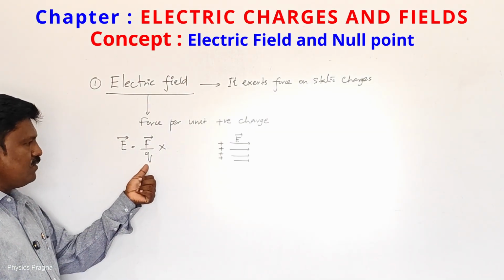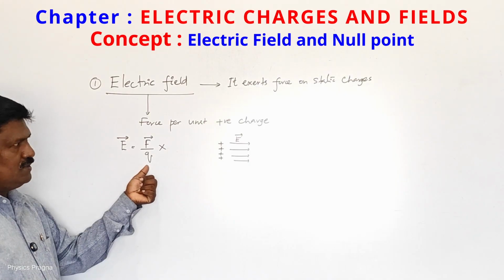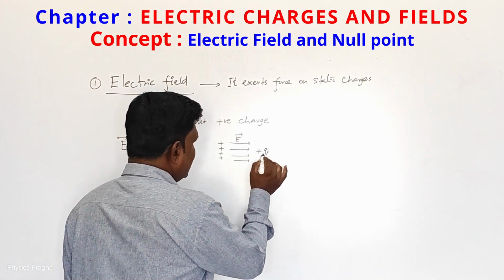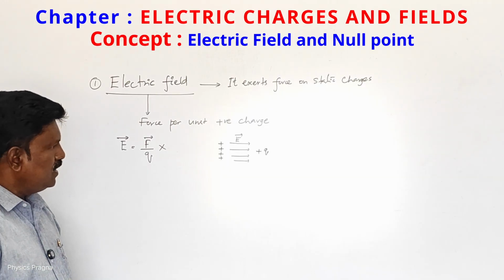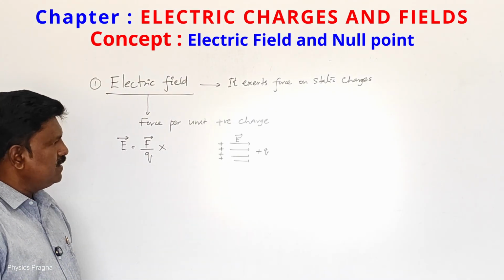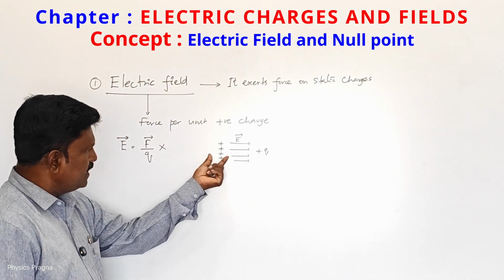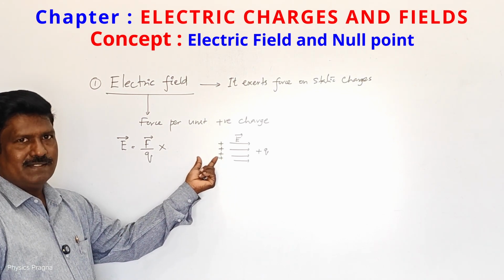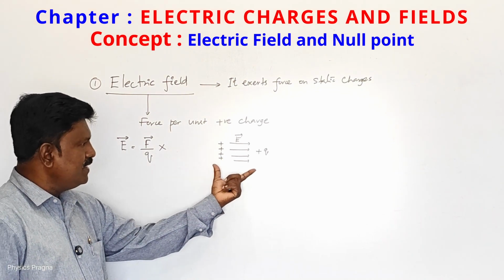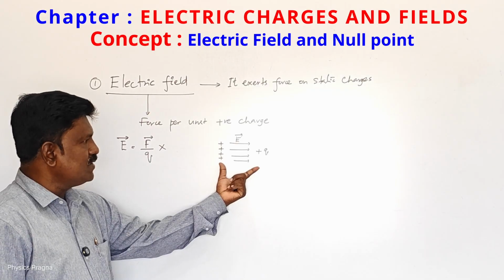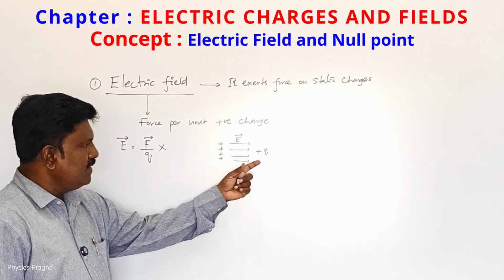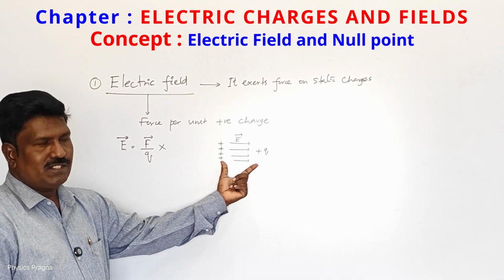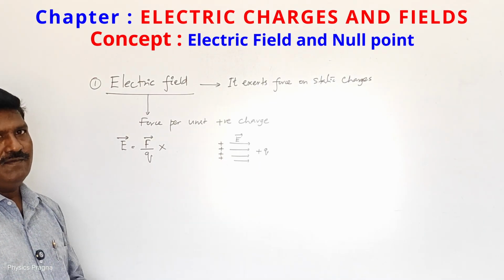To measure, we have to put a positive charge. If I put another positive charge here, small q, because of repulsion the source charge will move back. So the actual distance between the source charge and my charge I could not calculate perfectly. That's why my answer becomes wrong.